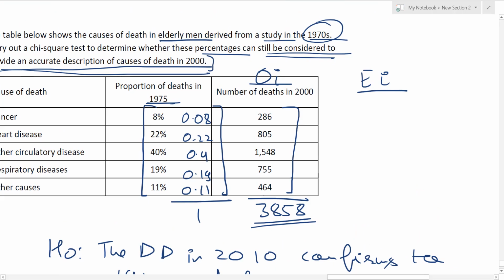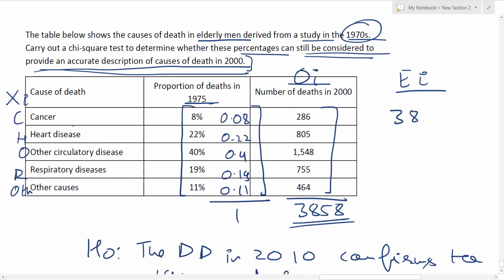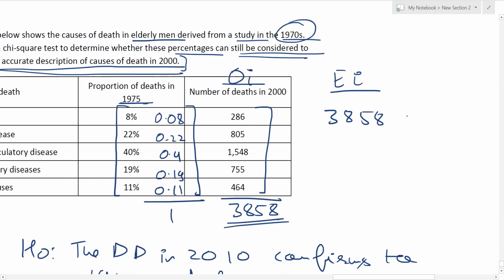Now I'll take the expected values. They are obtained by multiplying 3858 with each of these probabilities. The first expected value is how many out of the 3858 deaths would be expected from cancer. From cancer, it would be 8% of these, so 3858 into 0.08. The next one will be 3858 into 22%, and so on and so forth.